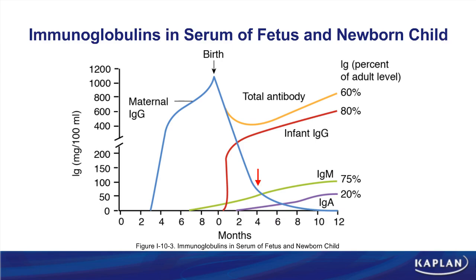Remember, the MMR vaccine provides usually lifelong immunity. So the antibodies that are there would probably bind up that MMR vaccine, and then the infant's immune system would never see it. So the infant really would never become immune, which is why we have to wait sort of until this 12-month period. So lots of important fun stuff from that graph.